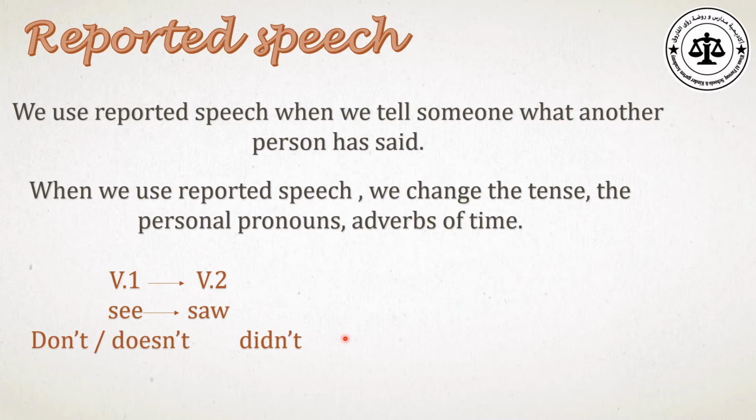If we have don't and doesn't in direct speech, how can we change the sentence into indirect speech? By changing don't or doesn't into didn't, of course plus verb 1.